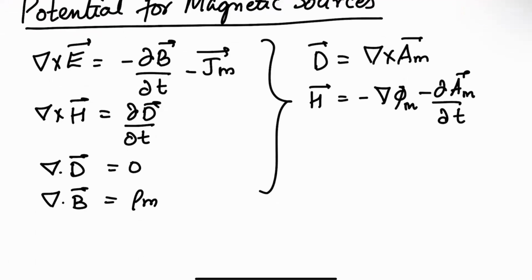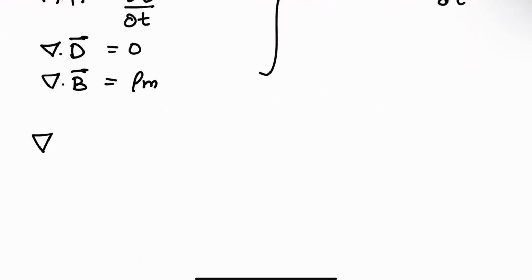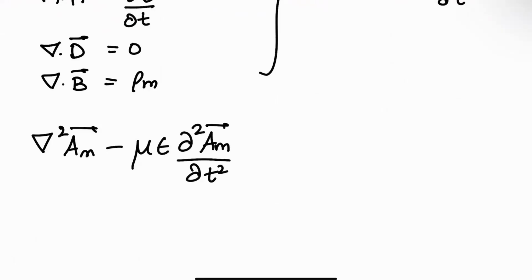And this should be phi m. And the equation they satisfy, which you can derive once again from scratch, or you can apply duality: minus mu epsilon d square Am over dt square equal to minus epsilon Jm. And phi m satisfies a similar wave equation.